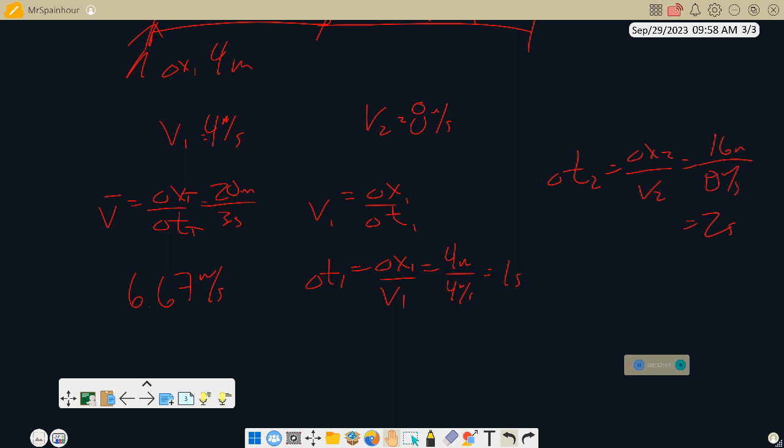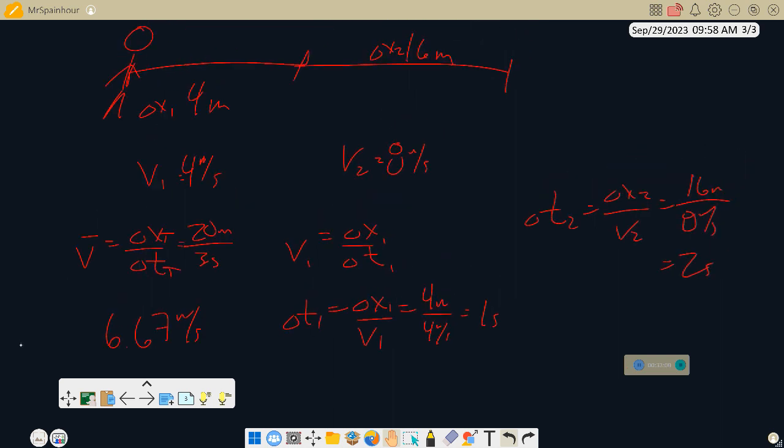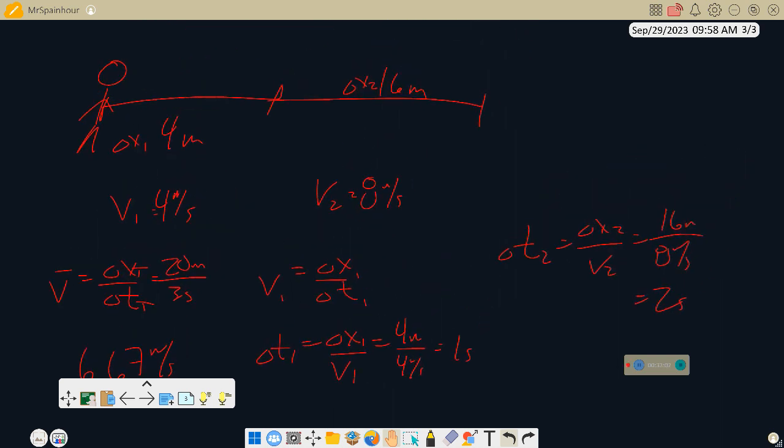Now, the only other piece that might add a little bit of difficulty in here is if I said that this person, notice by the way, they don't worry about acceleration at all in these problems. But let's say I included at the very end that they stopped for a total of 7 seconds.